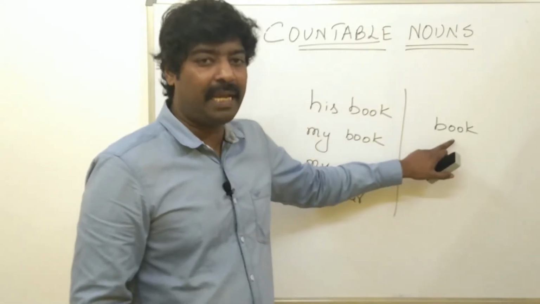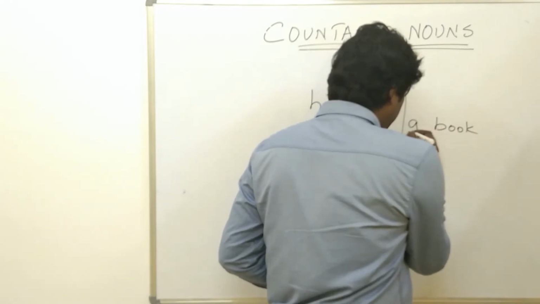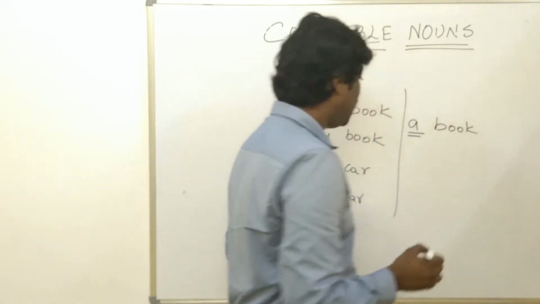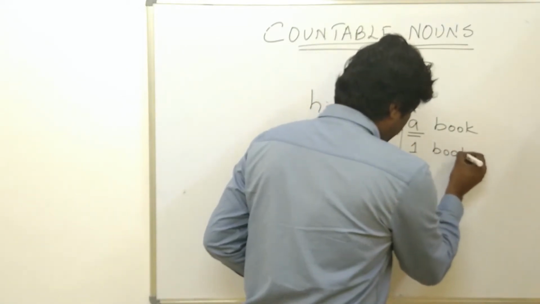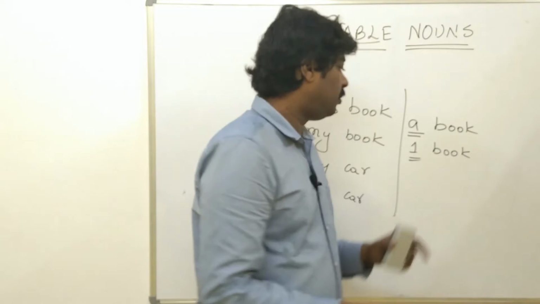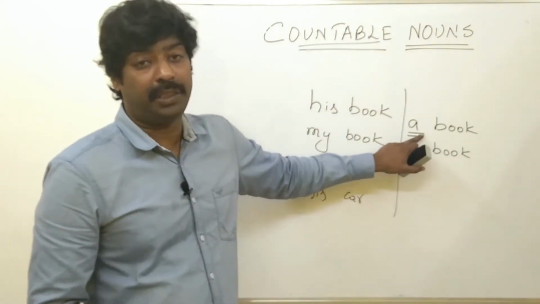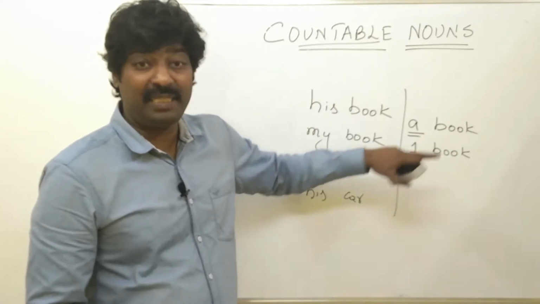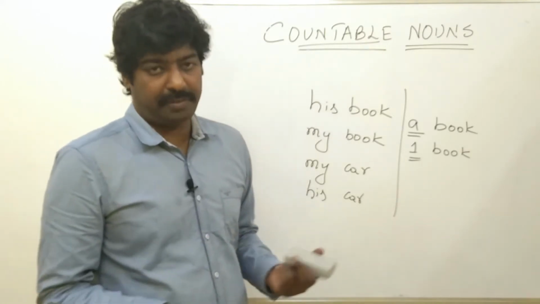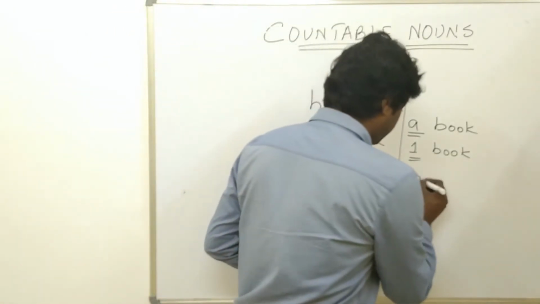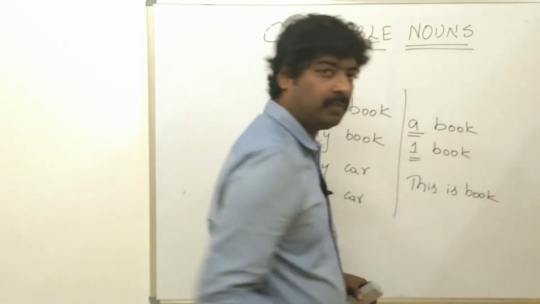We can't simply say book. We need to either use an article a, or we could use a number. You can say there is one book on the table. There is a book on the table. And this is a book. We can't say this is book. It's wrong.